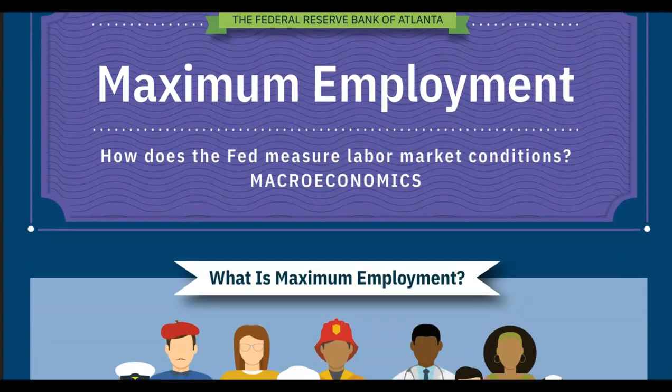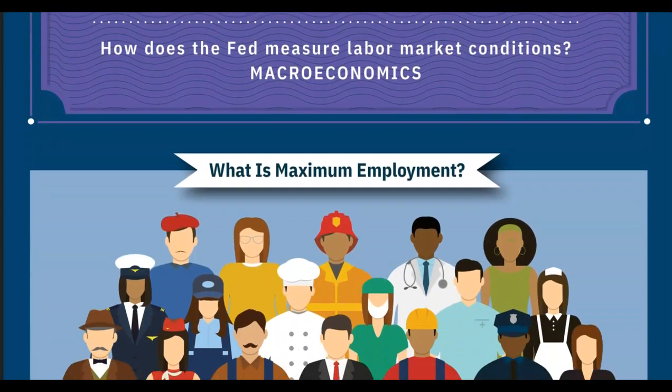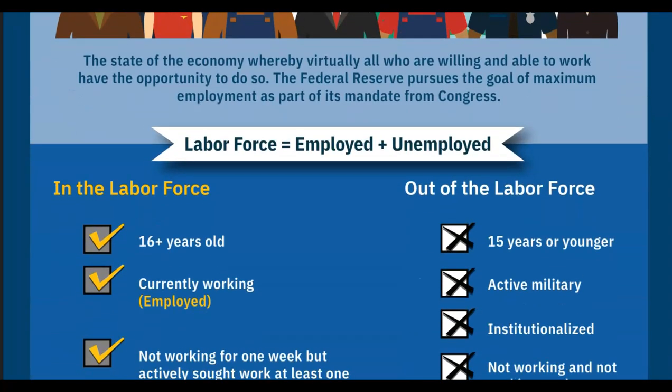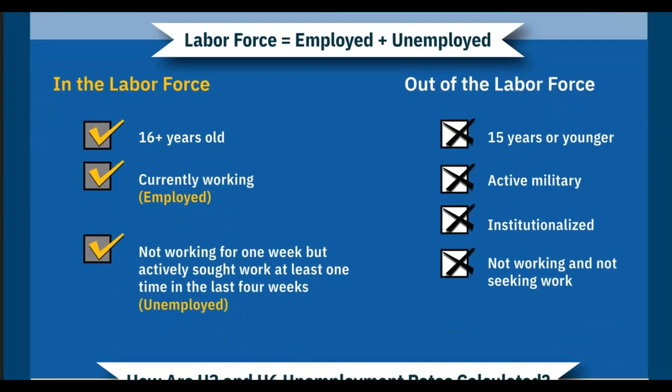When we talk about the labor market, it's really important to understand who is actually counted. And so your labor force is made up of the employed and the unemployed. But unemployed has a very specific definition in economics. So to be counted as unemployed, you need to be 16 years or older, currently not working, and you must have actively looked for work at least once in the last 4 weeks.